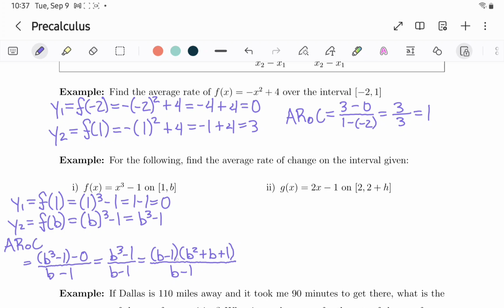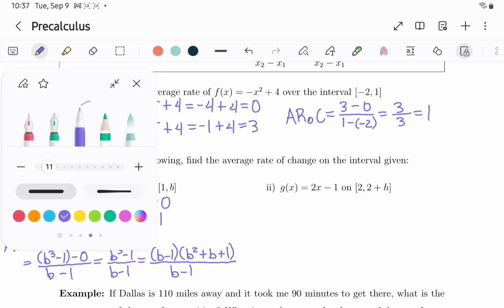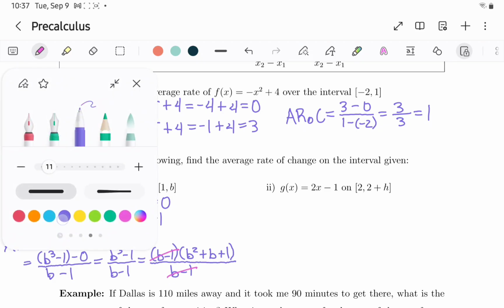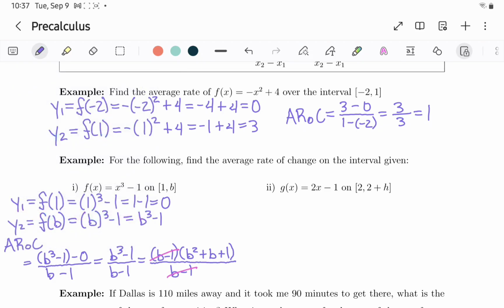Using the difference of cubes factorization, we've peeled off this factor of b minus 1, which we can cancel out with the b minus 1 in the denominator. So let's do that. And so what we end up with for the average rate of change of f over the interval from 1 to b is b squared plus b plus 1.